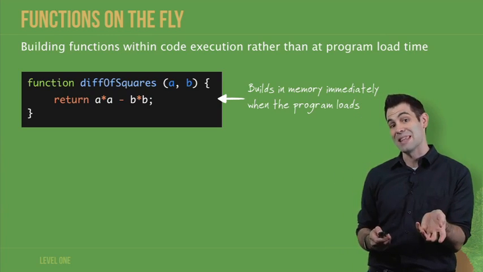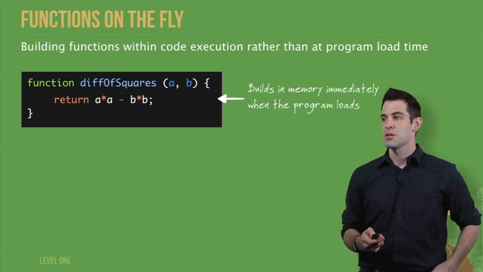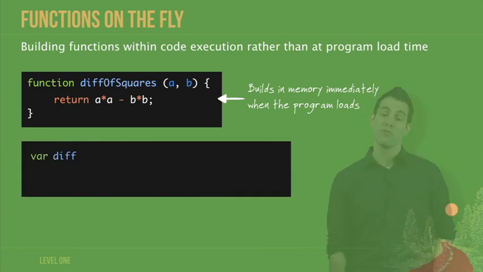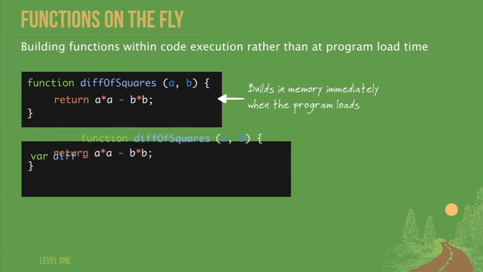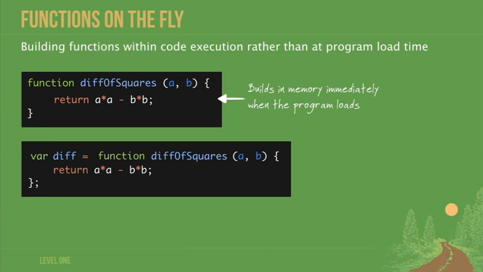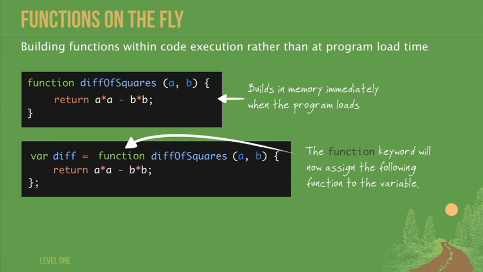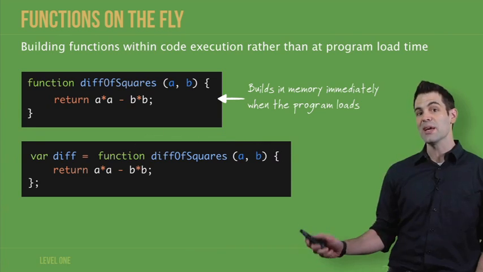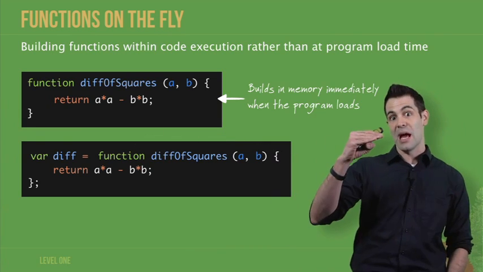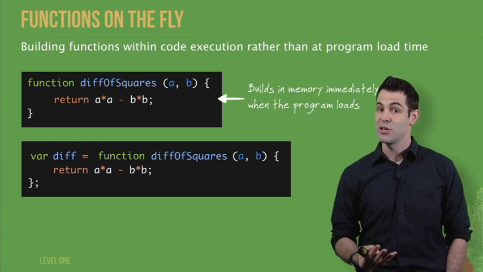Function expressions apply things a little bit differently. The first thing that we would do is establish a variable. Let's call it diff. And then we would rearrange the declared function into an assignment statement. This particular thing is called a function expression, and it loads only when this particular line of code is reached inside your program.